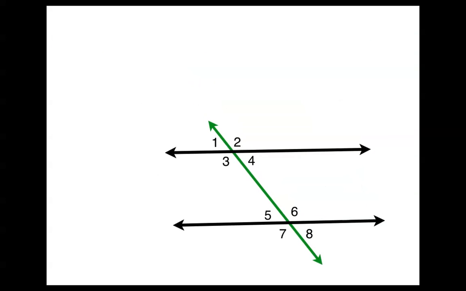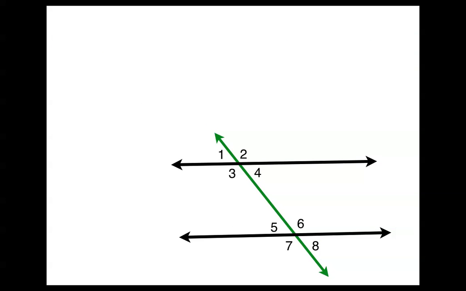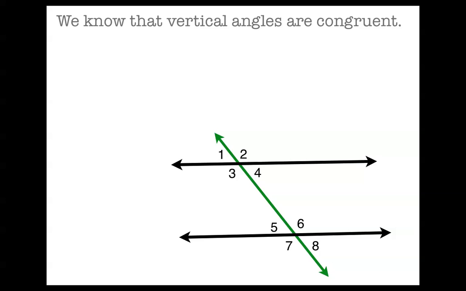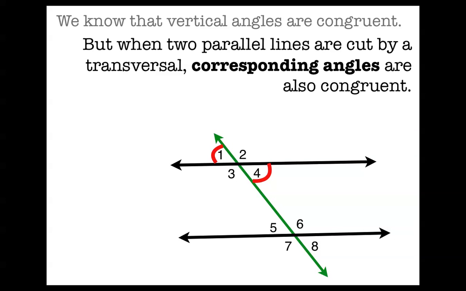Okay. Well, yesterday we actually answered that in the video about angle relationships, partly, because we said that vertical angles are congruent. Vertical angles are equal. And angle 1 is a vertical angle with angle 4, because they're across from each other on that little crisscross of those two lines. So we know angle 1 is congruent to angle 4. But when two parallel lines are cut by a transversal, corresponding angles are also congruent.